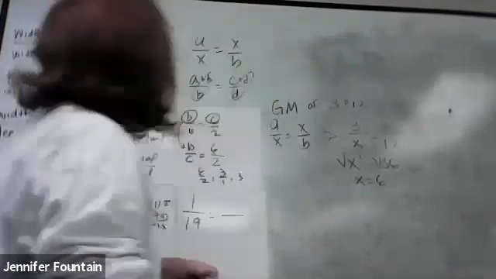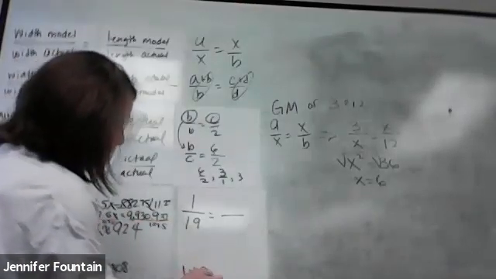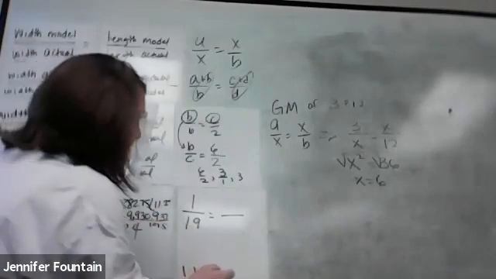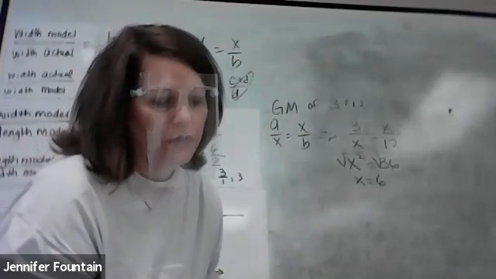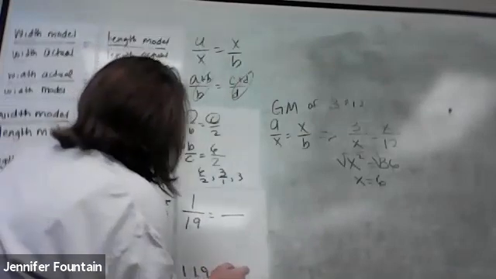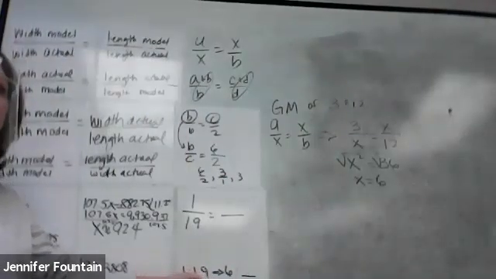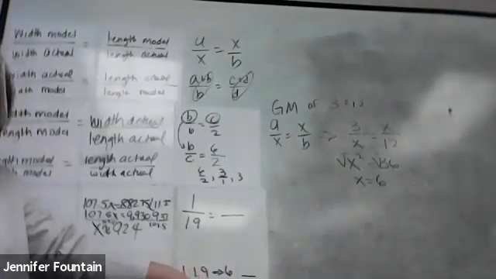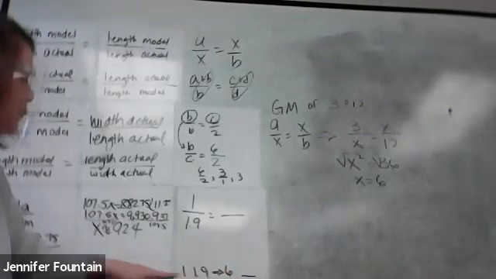Okay, so notice in the problem, they said it is 1 to 1.9. Then they gave me what measurement first? If it's 6 feet high, then what is the other? So this is how I look. The order that they have told me is the order that I set up my ratio. So they said 1 to 1.9.